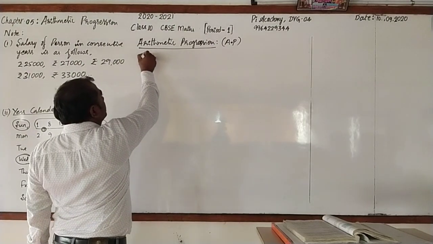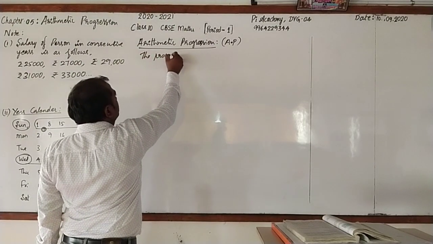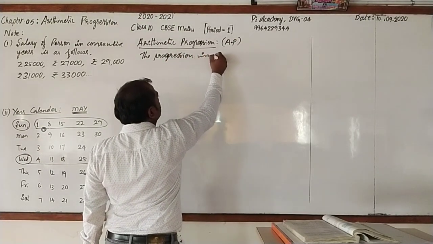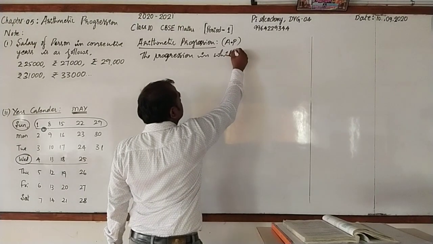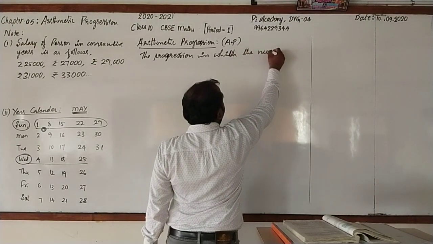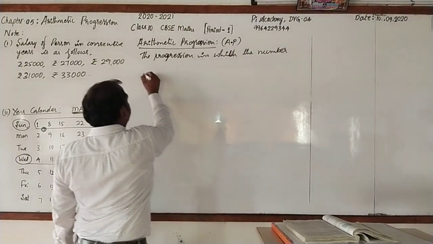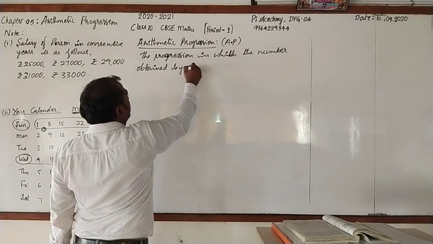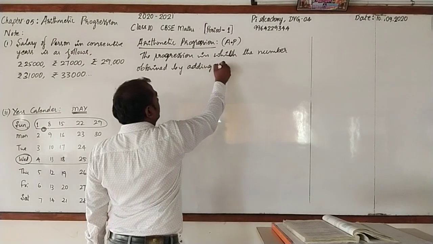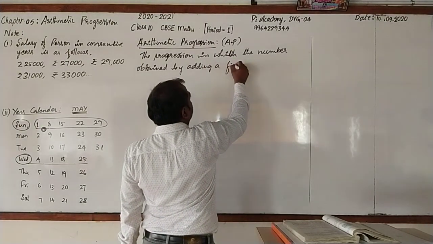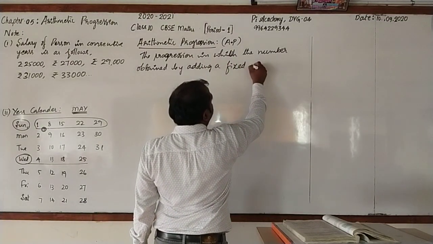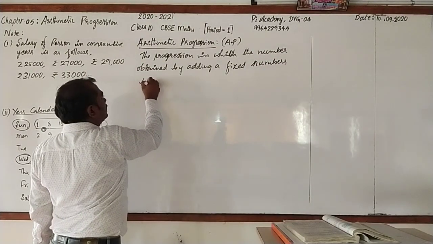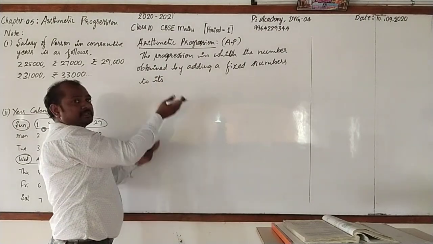It is the progression in which the number obtained by adding a fixed number to its previous number or preceding number is called arithmetic progression.